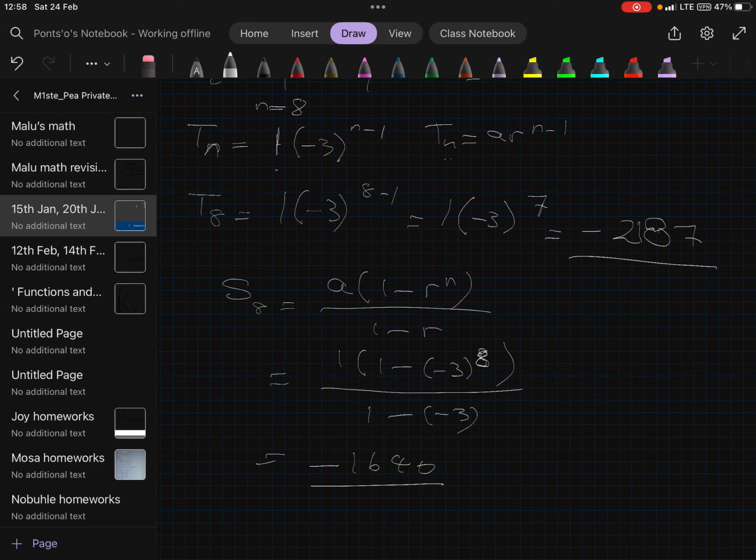Yes. Yeah, write down that formula. And then we substitute now a equals 1, r is -3, and n is 8. We're going to substitute that into that formula.